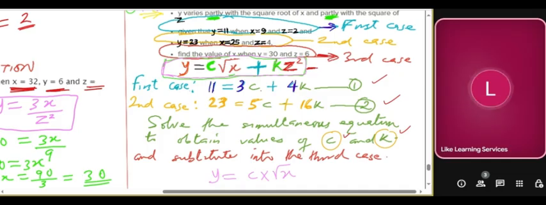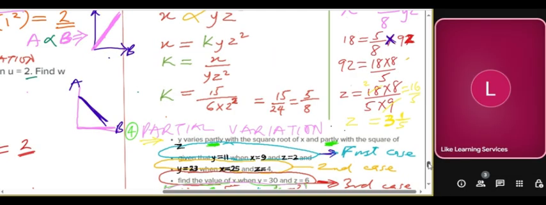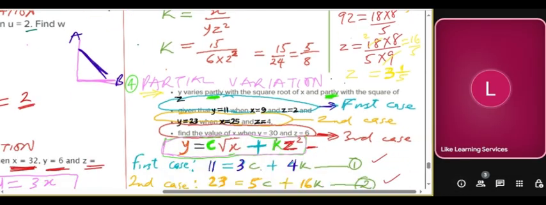So I would have written 30 equal to c times square root of x, plus k times 6 squared, that is 36, and you just solve to get x. That should be easy enough, isn't it? Yes, it is. All right, so that's just it. Every other thing is done just following the same rules.